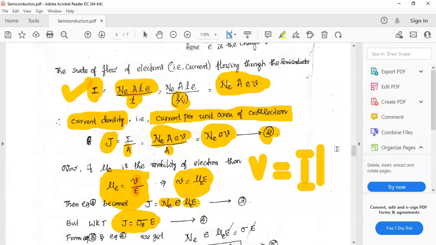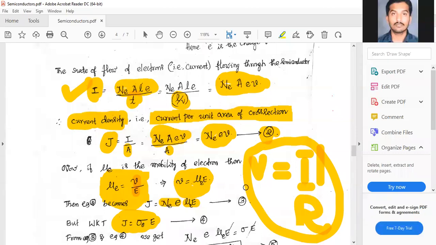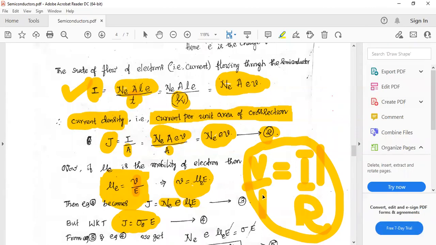I will try to explain it. V is equal to IR can also be written as J is equal to sigma E. Just divide the left hand side by area.